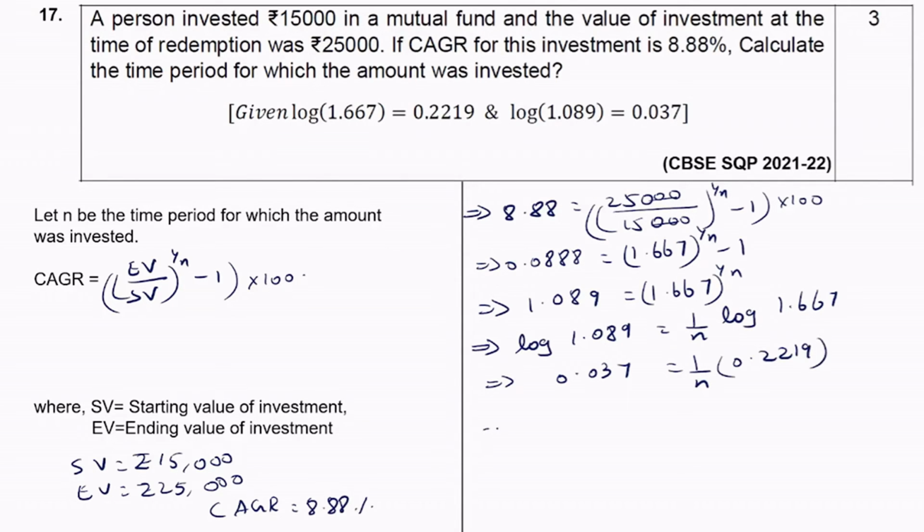So from this we have n is equal to 0.2219 upon 0.037. Now this when we divide, we get it as 5.97 approximately. Therefore, n is approximately equal to 6 years.